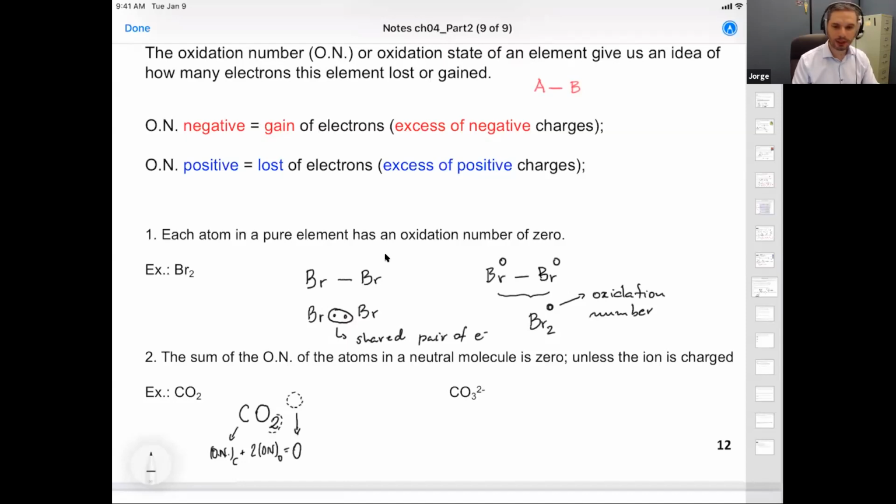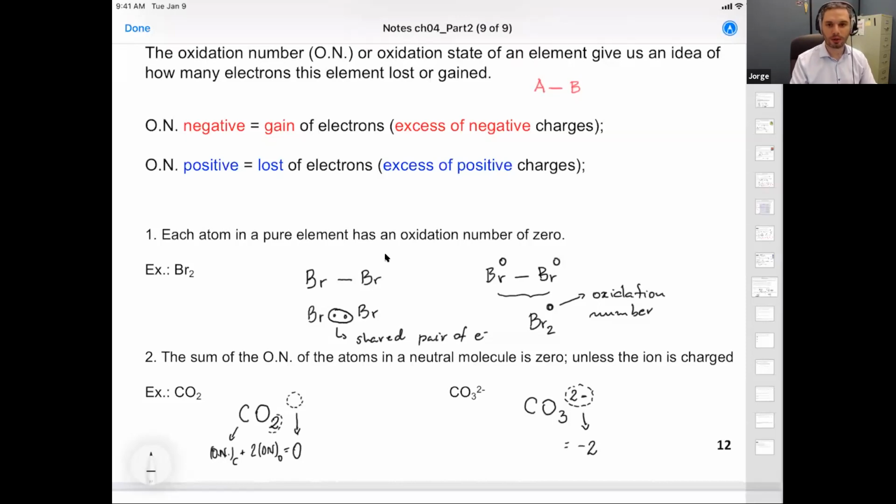However, if there is a number outside of the compound on the top right corner, that means the sum of the oxidation numbers has to be equal to that number. Let's take here as an example carbonate. For the carbonate, we have a number outside here on the top right corner. What this number is telling you is that the sum of the oxidation numbers has to be equal to that number.